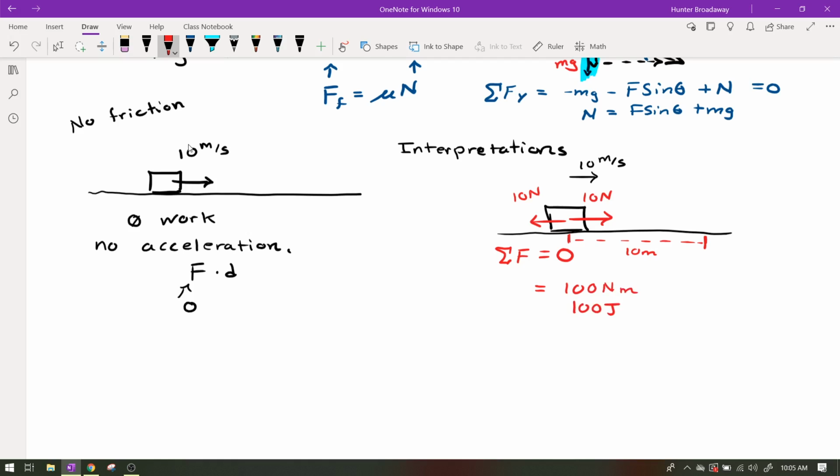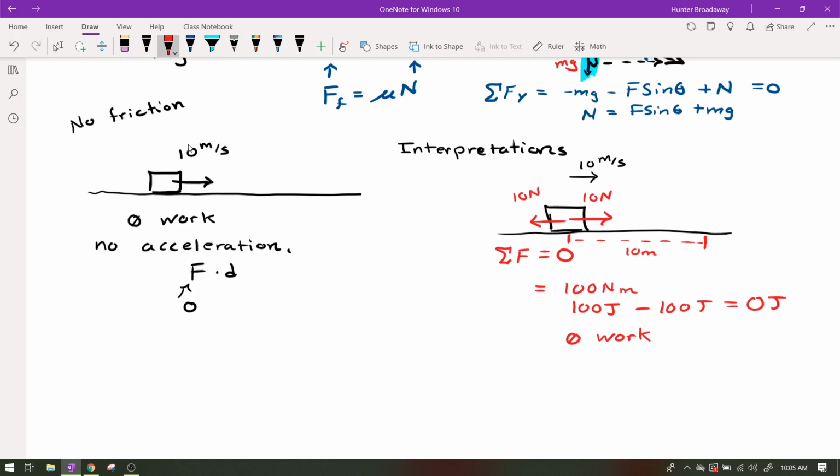There's 100 joules of work going this way, but there's also negative 100 joules of work being added this direction. So when you add them together, that comes out to be 0 joules of work, which is why I like to say 0 work being done and not no work being done.